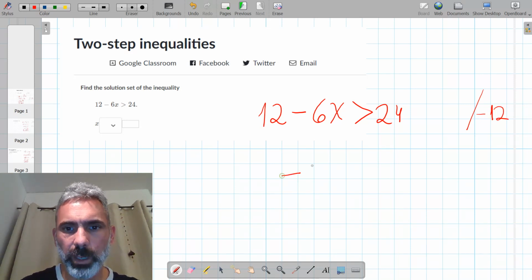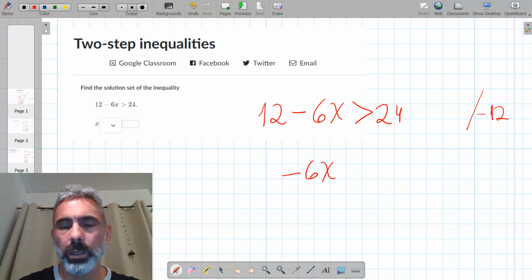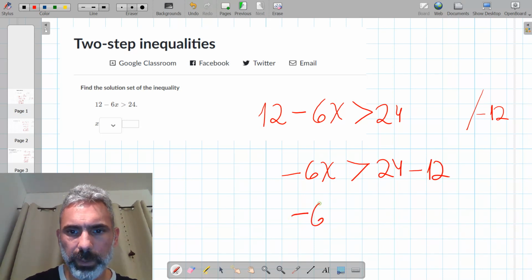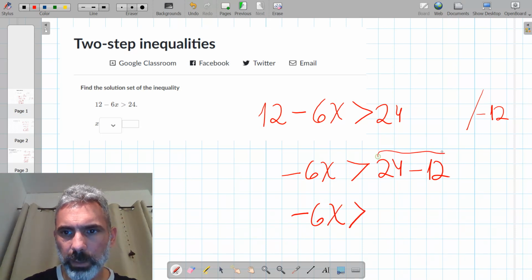On the left hand side I'm left with minus 6x, and minus 6x is greater than 24 minus 12. Okay, so minus 6x is greater than, this is 12.